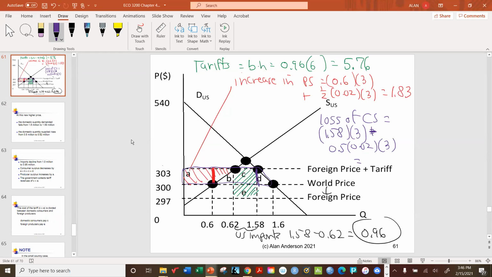All right, let's see what we got. $4.77. Okay.